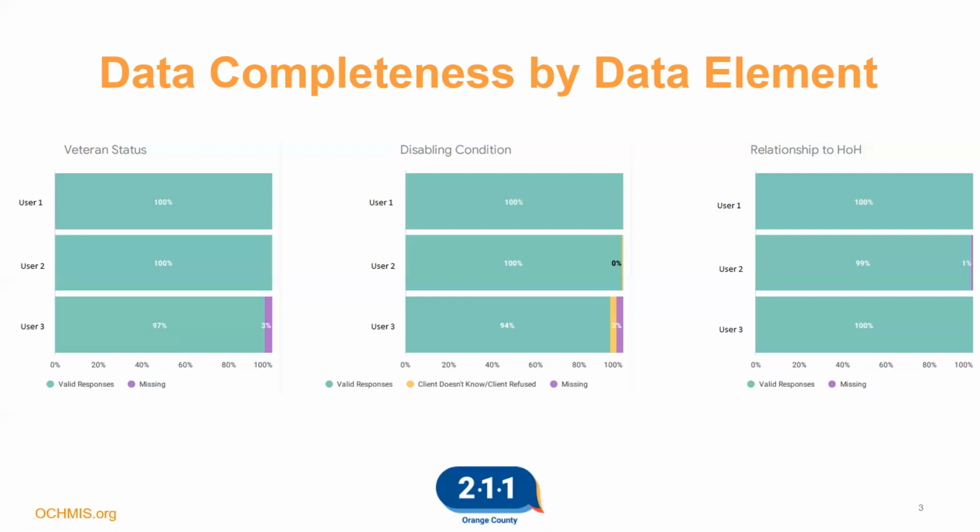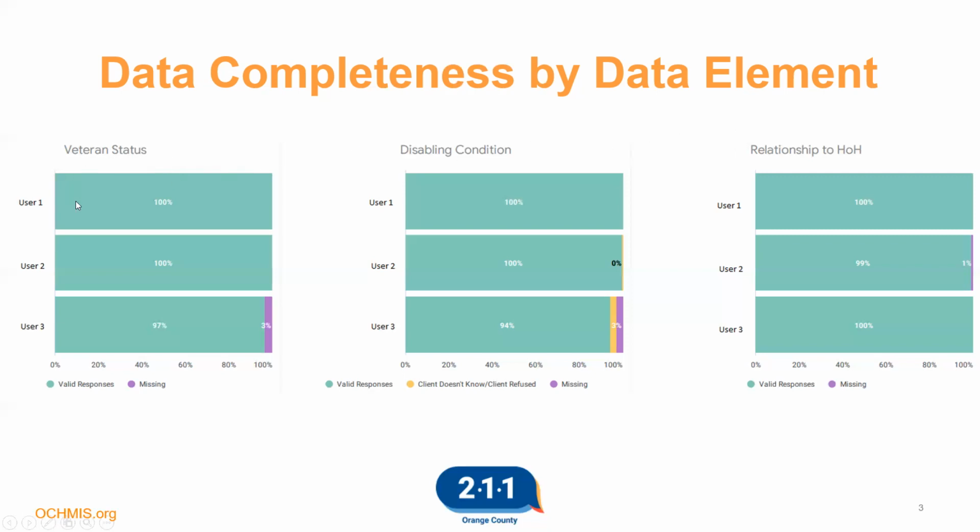if you wanted to be able to see data completeness for each of your users by data elements. So if we included something like this on the dashboard, it would be very similar to the universal data elements and program specific data element dashboards that we have now, which is a separate chart for each data element.